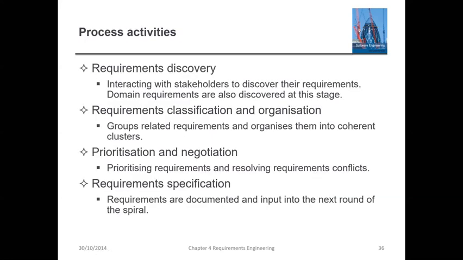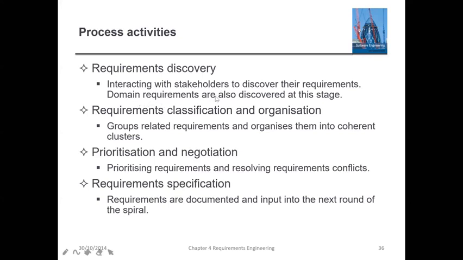Now next, see what all the process activities are. Whatever we have seen, we are going to implement all these things now. In these process activities, as I told, 4 stages are there. The first one is requirement discovery. What is the meaning of requirement discovery? This is where you interact with the stakeholders to discover their requirements. First, it has to discover what the stakeholders want.